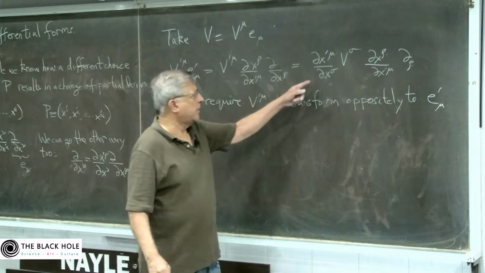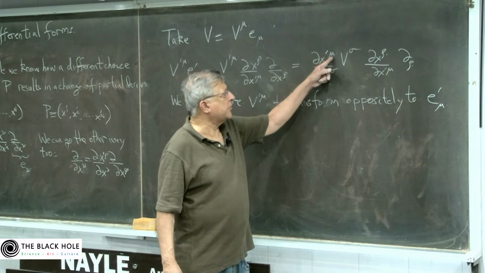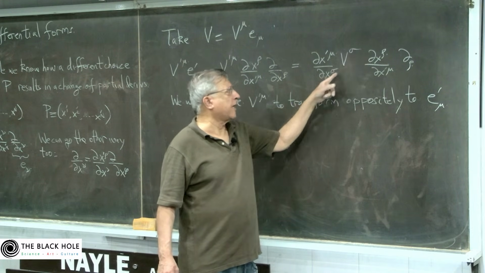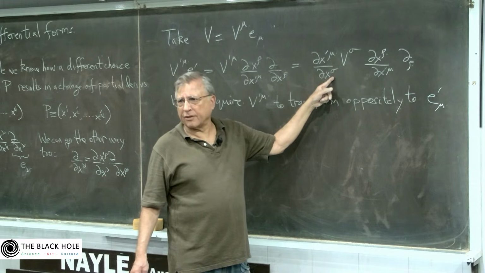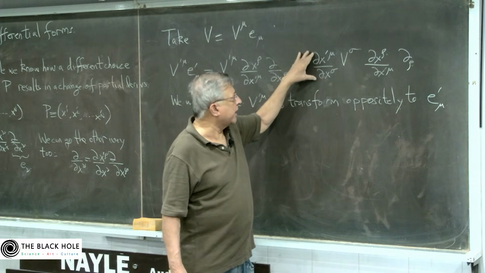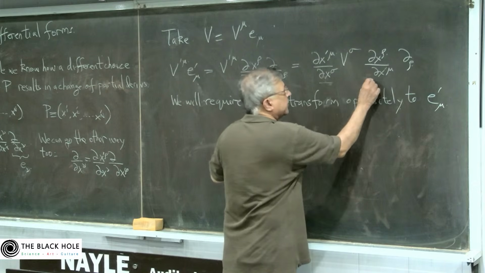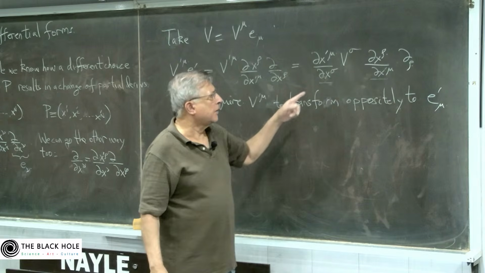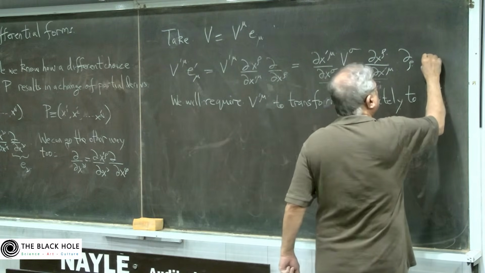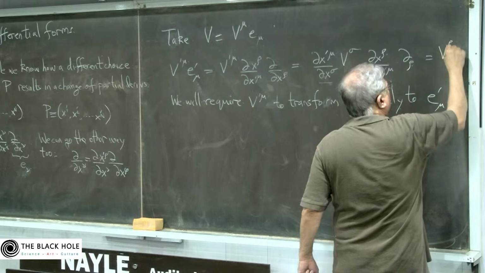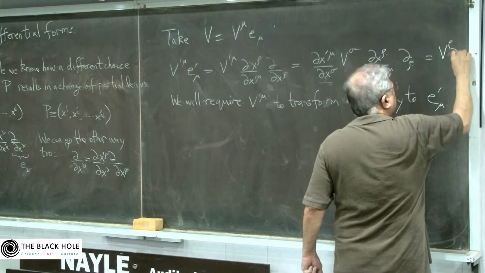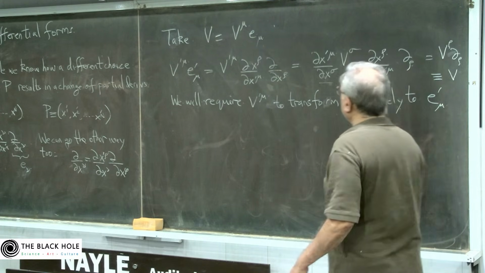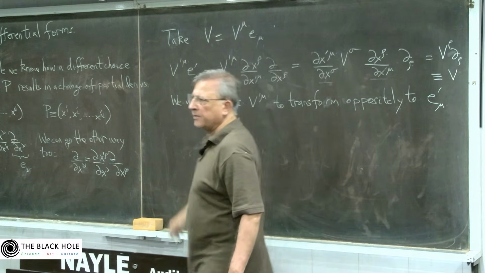Okay, but now you see we have a contraction over here, mu, and the only way that these can be non-zero, okay, so I'm looking at this times this. In other words, I've moved this over here. This is just a number, and so this is equal to v rho d rho. That's the same as v over here.